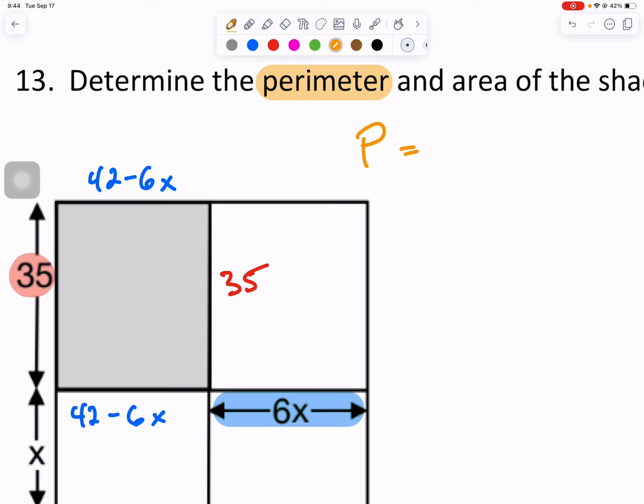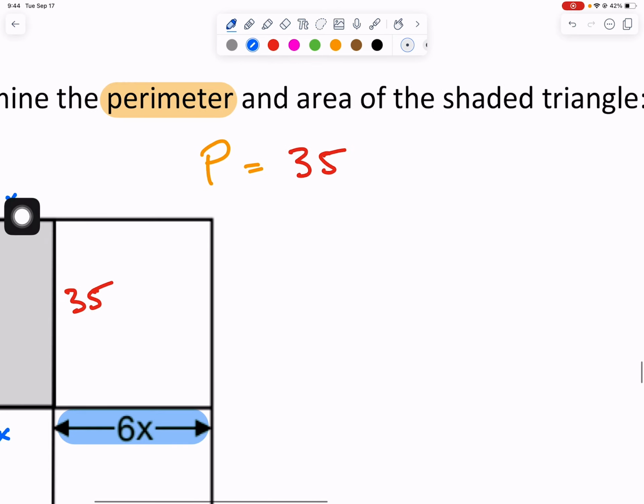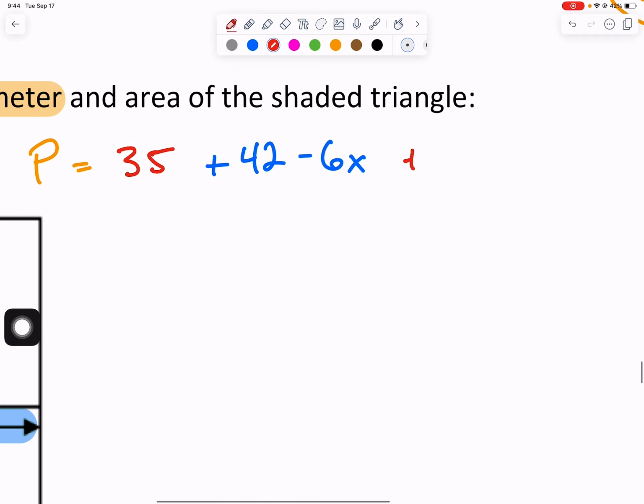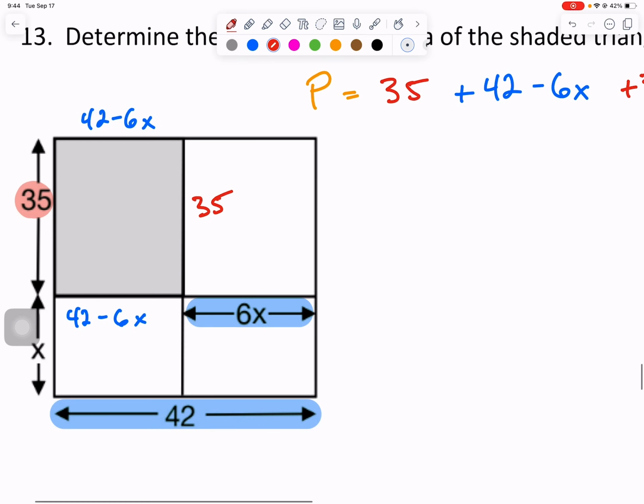So our P equals 35, plus 42 minus 6x, plus another 35, and then plus another 42 minus 6x.